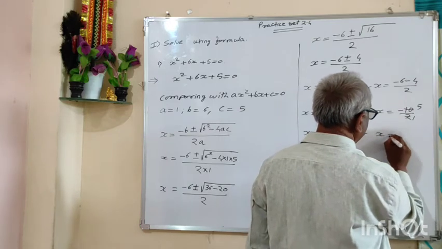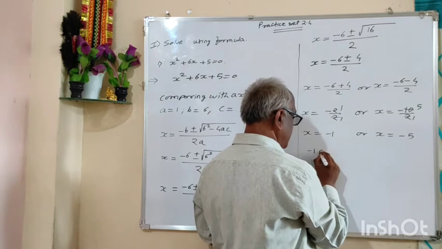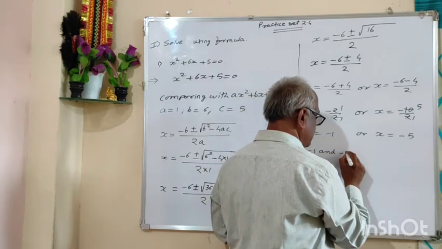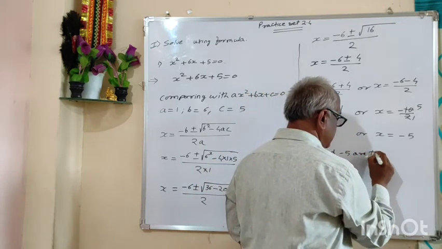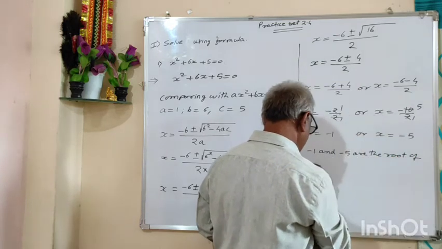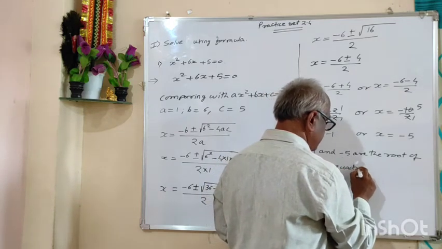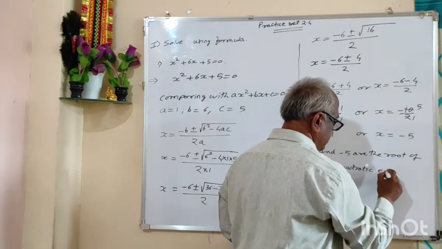Therefore x is equal to minus 5. Minus 1 and minus 5 are the roots of the given quadratic equation.